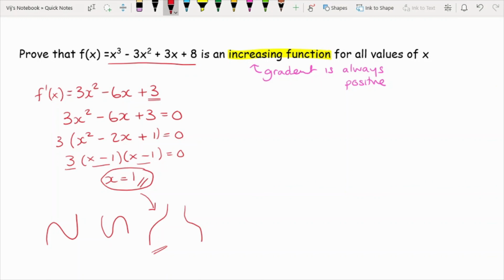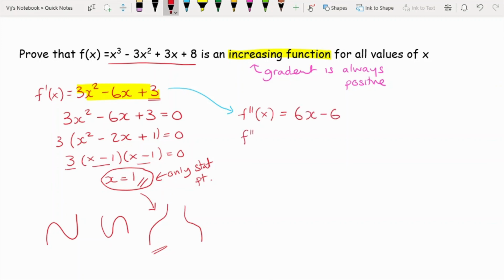So now we know that this is the only stationary point. So let's just write only stat point. So working out the second derivative of x, so again, where I'm getting the second derivative is from here. And so doing the second derivative, we get, move the 2 to the front, so we get 6x minus 6.